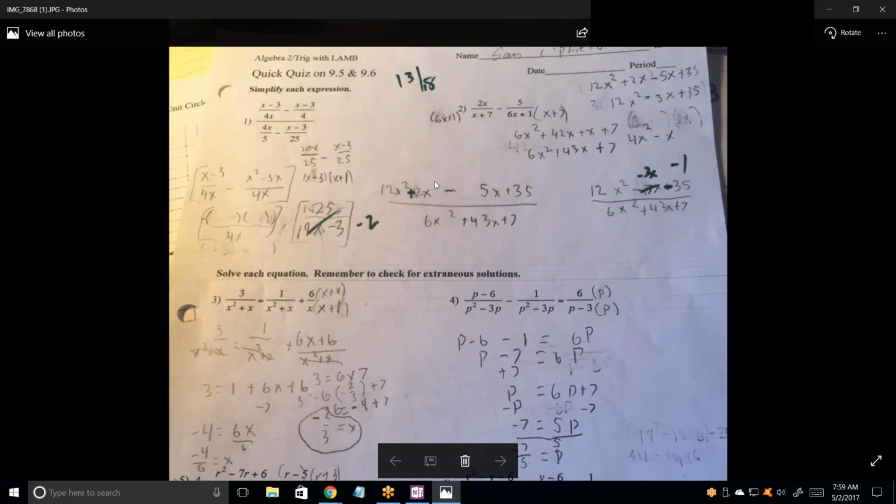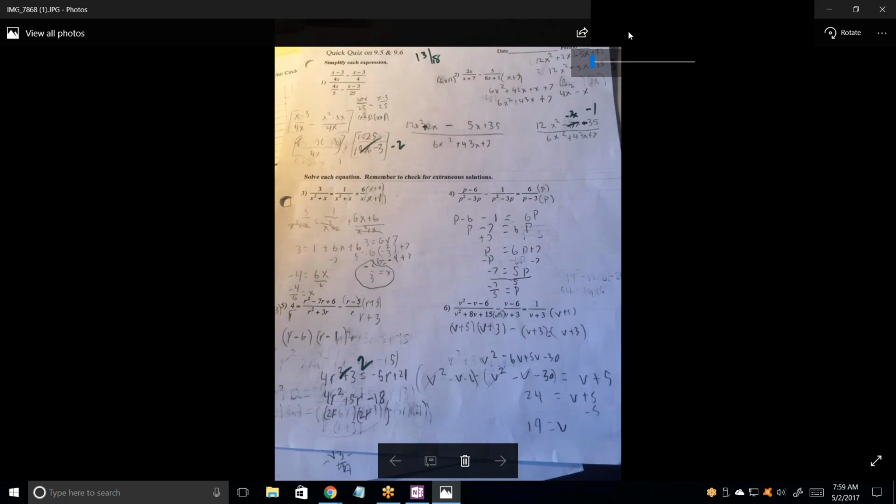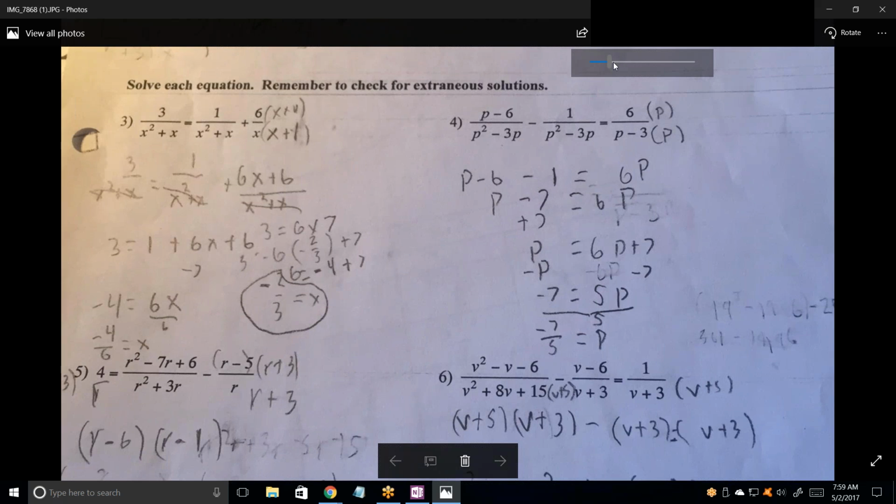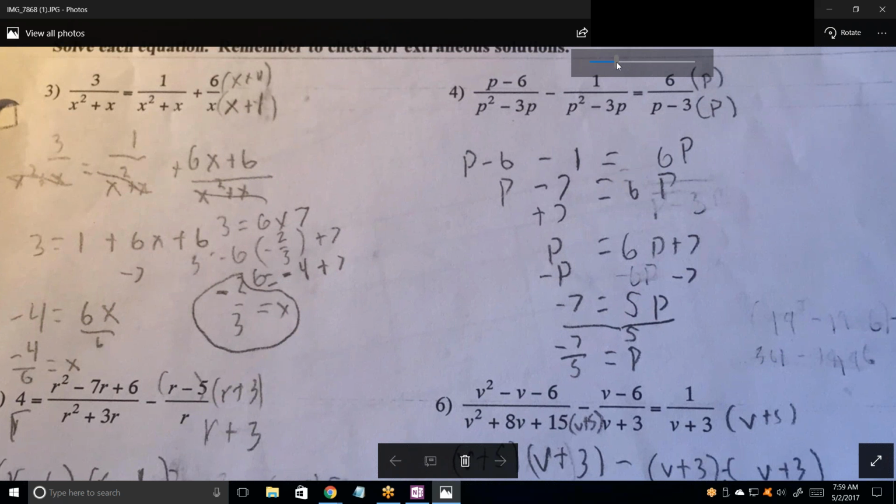So we're starting on 1. Yeah, let's start at 1. Let me see how much I can zoom in. Now, should I check your work first?